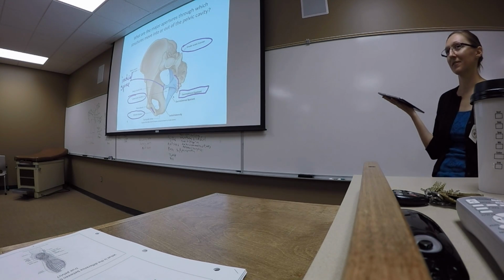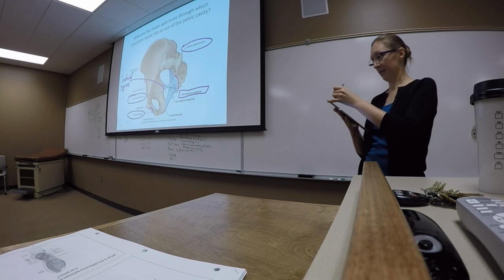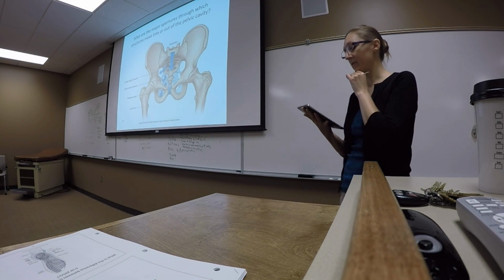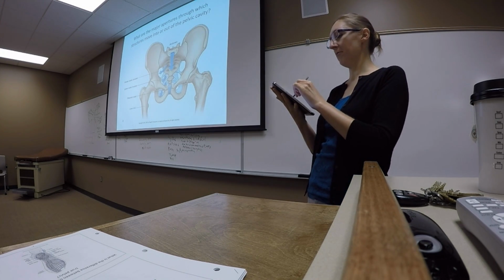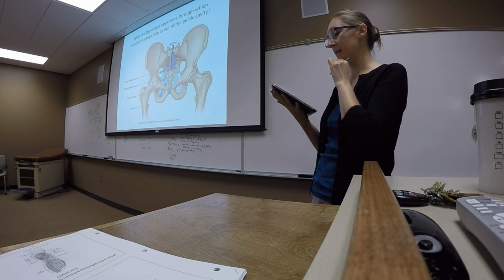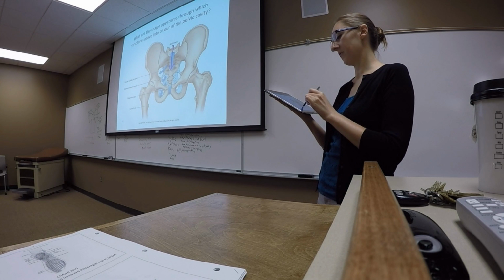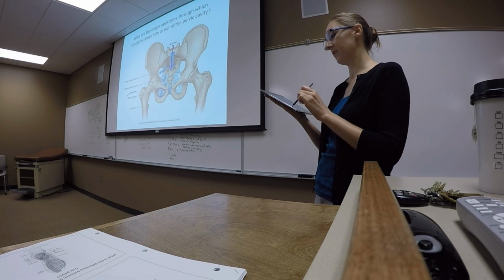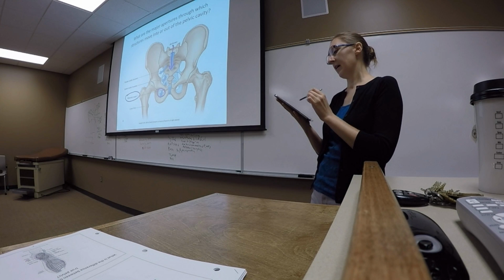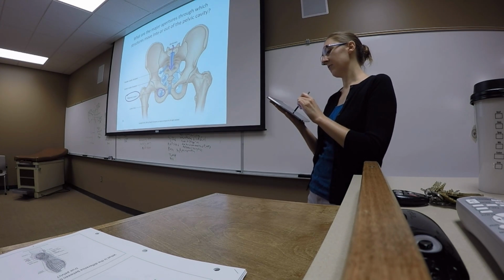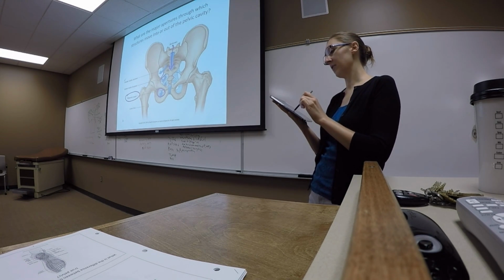Everybody set? Okay. All right, so here's just another view of all those foramina. We've got this big old arrow here for the pelvic inlet. Here we can see the obturator foramen, also called the obturator canal. Above that sacrospinous ligament, we have the greater sciatic foramen here.